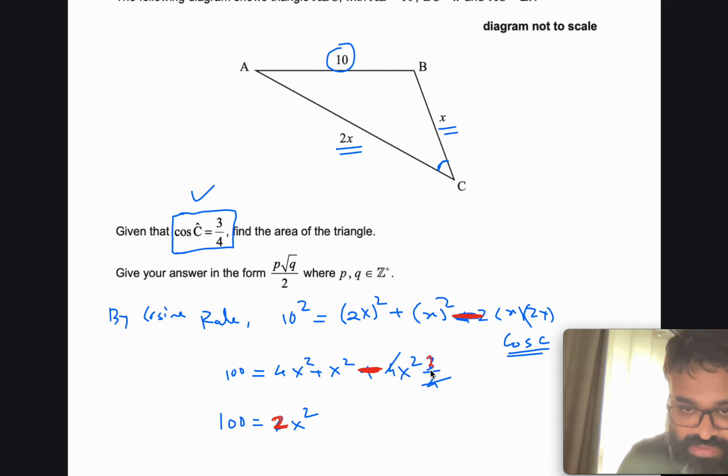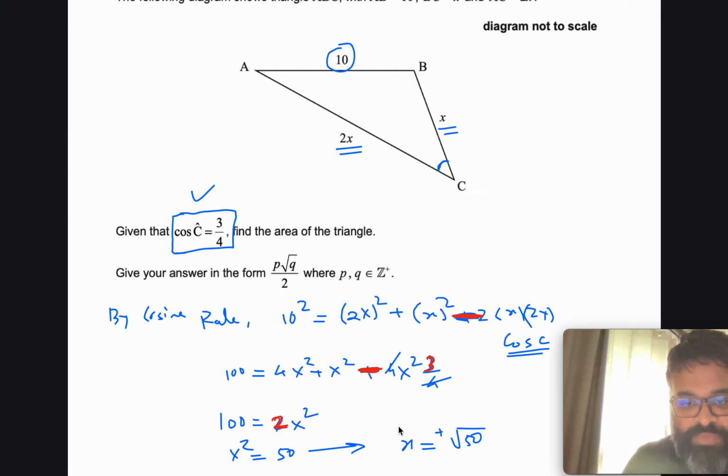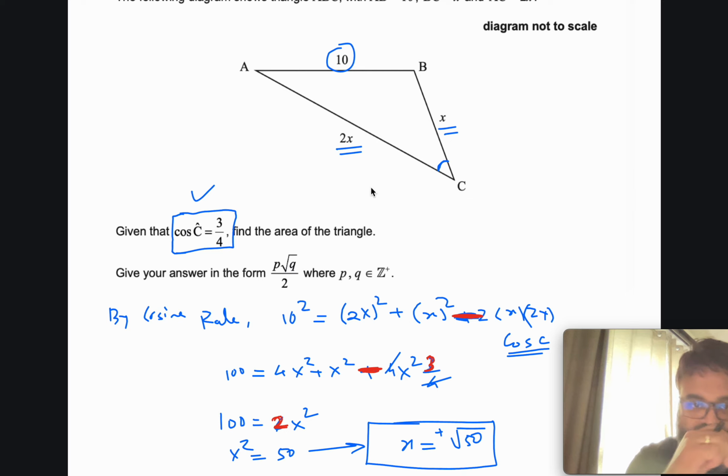Oh, there is 3 here. So this is 5 minus 3, 2x square. Anyway, so from here you get x square is equal to 50. And you get x is equal to square root of 50. And it's a positive number only because x is the length of the sides.